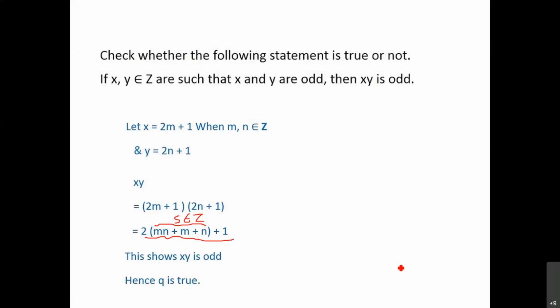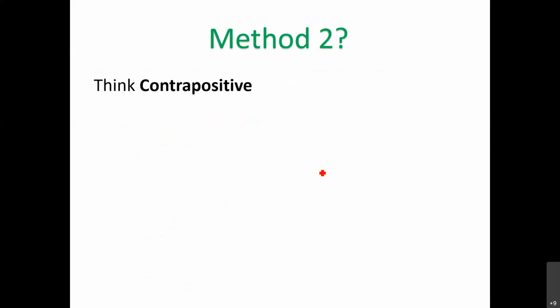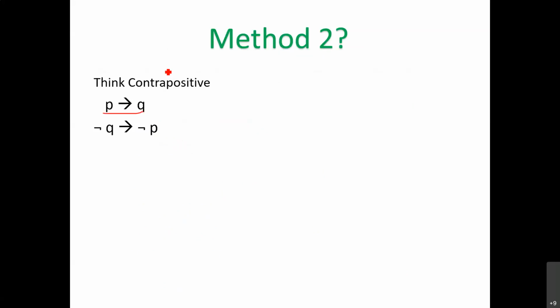Okay, moving on. So this is one way of doing it. Another way might be using contrapositive, or contraposition. Our original statement is P implies Q. The contrapositive says, let's try to prove not Q implies not P, because they both have the same truth value.